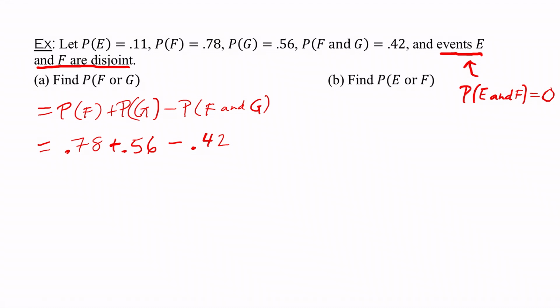So that gives me a total of 0.92 for the probability of F or G.